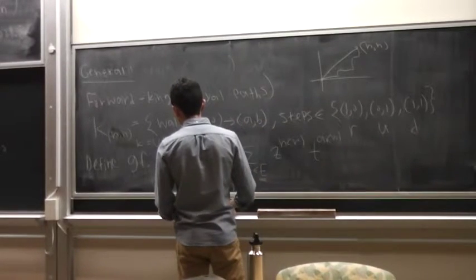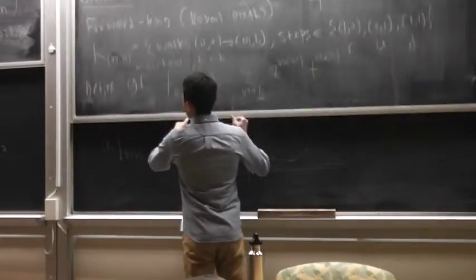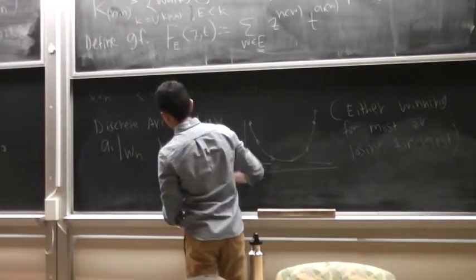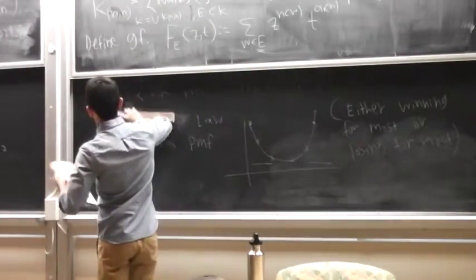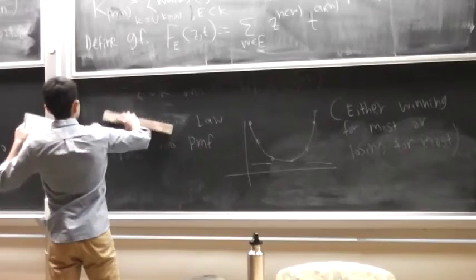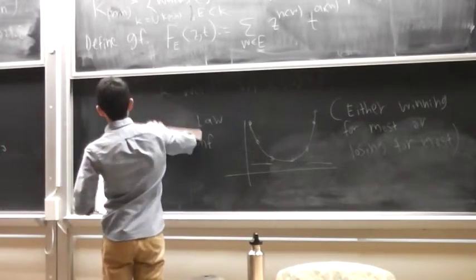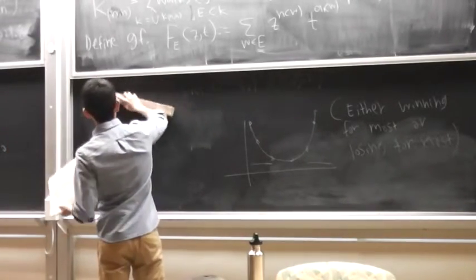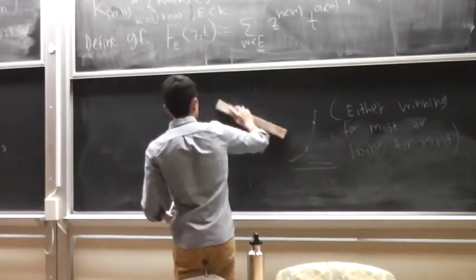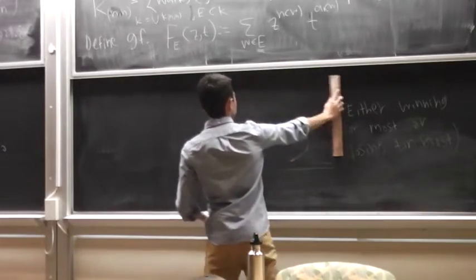The reason we're doing this is that if we could compute this generating function, then we know how to find moments and such from generating functions. So we can at least have some information about the distribution of the number of losing times in this general case.